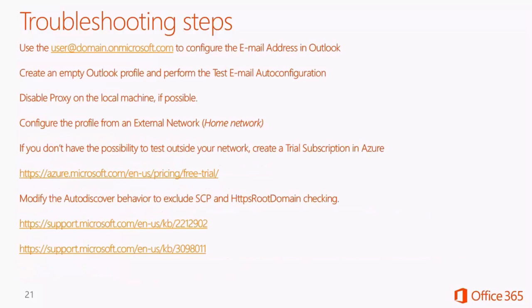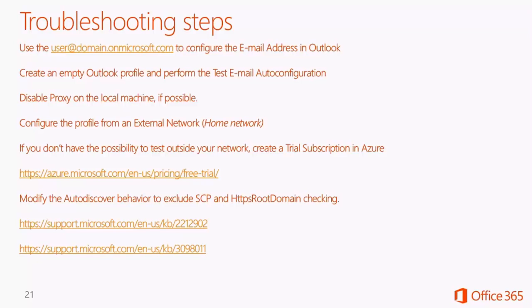As said, always use the domain.onmicrosoft.com to configure the email address, just for you to see whether there is in fact an issue in Office 365 or not. Create an empty profile to perform a test email auto configuration, in order to make it a valid test of Autodiscover from your local computer, the one that is affected.